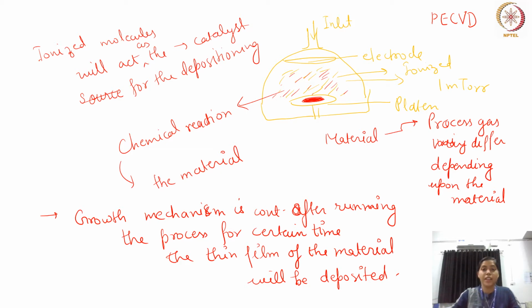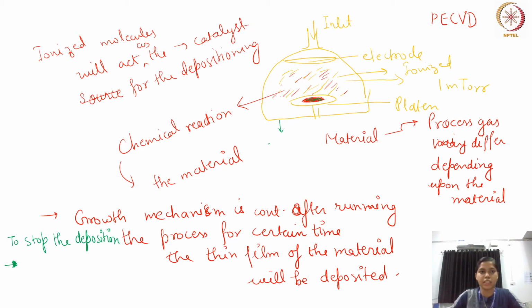Okay, great. So once I have deposited the thin film on my substrate, now suppose that I want to stop the deposition. Can anyone tell me what I have to do to stop this deposition now?